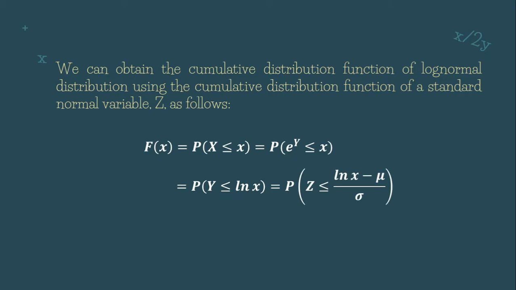F of x equals probability of variable x is less than or equal to x equals the probability of e raised to y is less than or equal to x equals the probability of y is less than or equal to ln of x equals the probability of z is less than or equal to ln of x minus mu all over sigma.